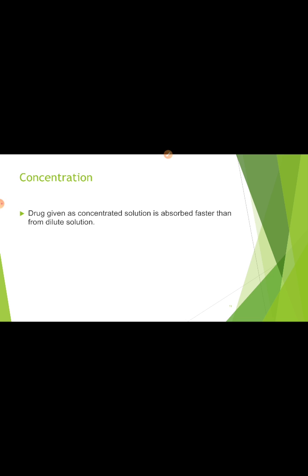So from 100% to 0% there will be transfer. And if the drug is given in dilute form, or after the drug is given we ingest food which will dilute the drug at the site, in the stomach, there will be less absorption of that particular drug.